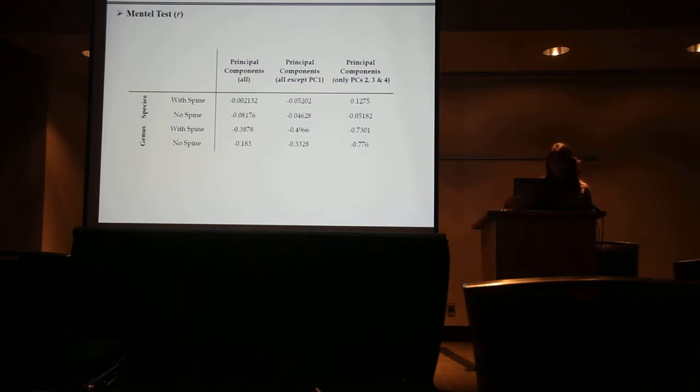In the first column, principal components always means that I used all the principal components in the morphological traits. In the second one, I took PC1 out because it was representing like 83% of the variance, so I thought, well, maybe this is influenced somehow, but actually that didn't make a difference.